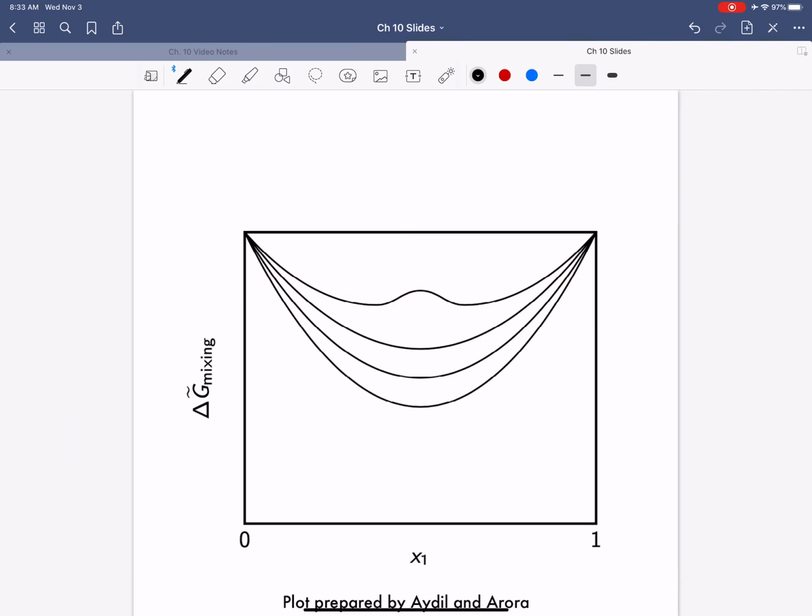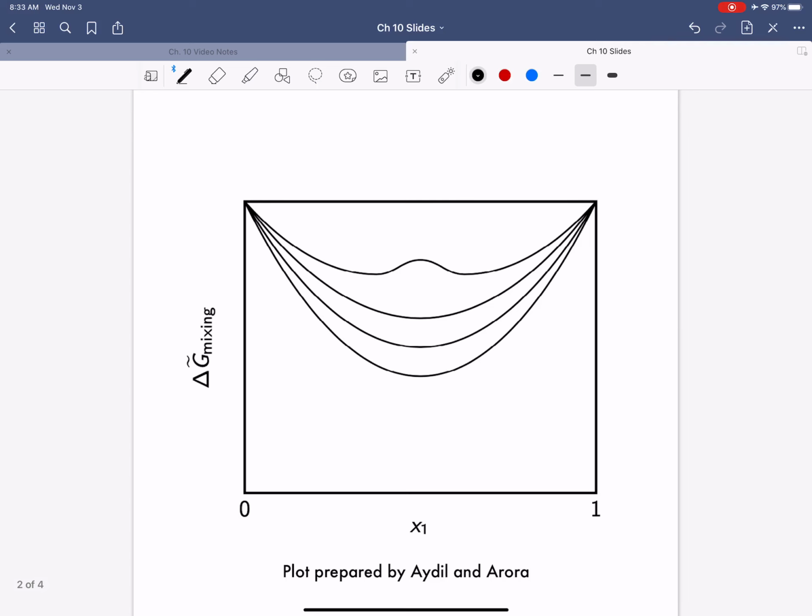Graphically, that would look something like this. On this plot, I have some examples of delta G mixing for different scenarios, and what we want to pay attention to is the bottom line here. For this case, when we look at delta G mixing over the range from 0 to 1, it's always going to be negative.